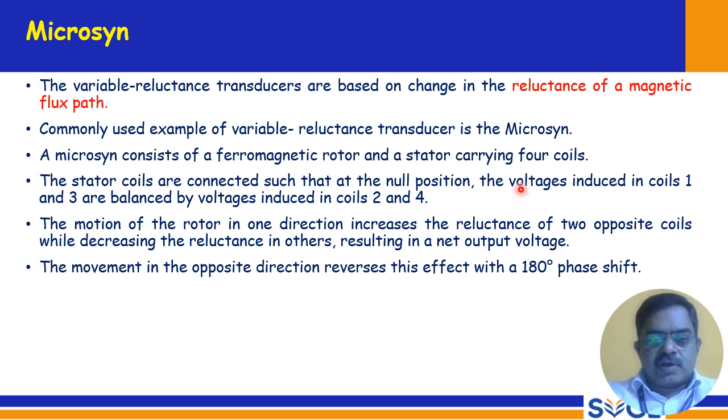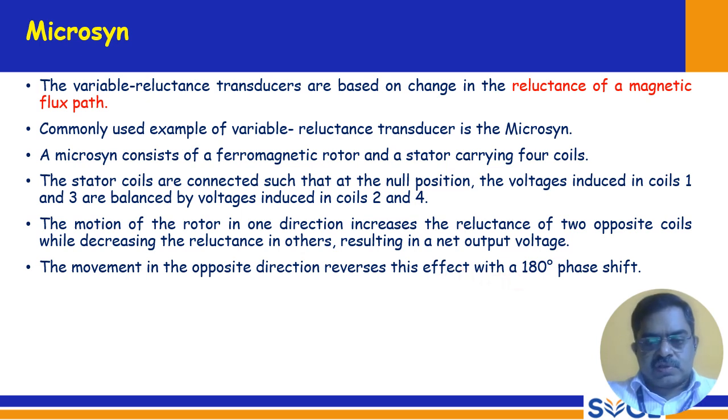The motion of the rotor in one direction increases the reluctance of two opposite coils while decreasing the reluctance in the others, resulting in a net output voltage.